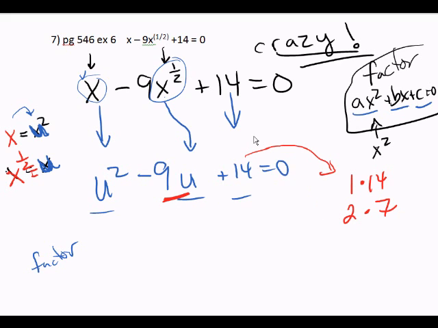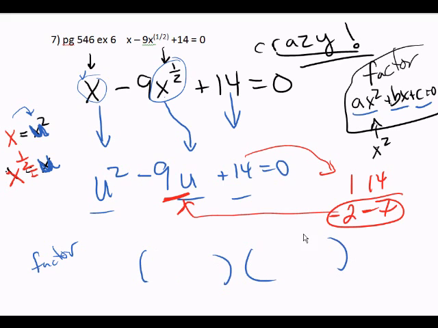I need to add or subtract one of these pairs to equal the middle term, -9. The only way for me to get a -9 is to use the 7 and the 2, a negative and a negative gives me a -9. So my factor pair is u, wait, I'm sorry. I write my 2 big parentheses.